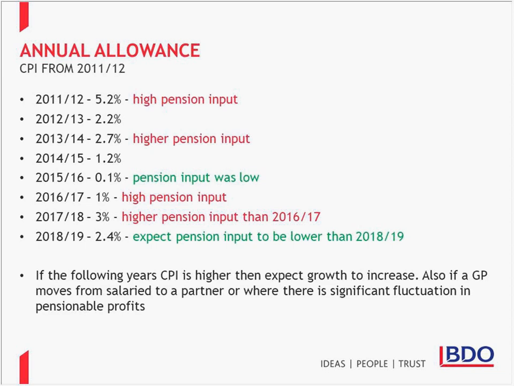You've got 2 high years of pension input for 16-17 and 17-18, because these increased over the year. In 2018-19, it dropped to 2.4%, so I would expect your pension input to be lower in 2018-19. That's a little bit of a reason why your numbers might fluctuate when you do look at your statements.